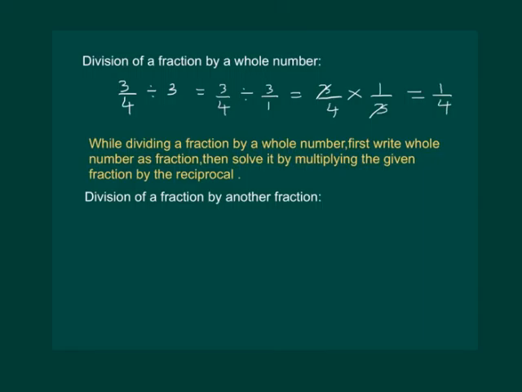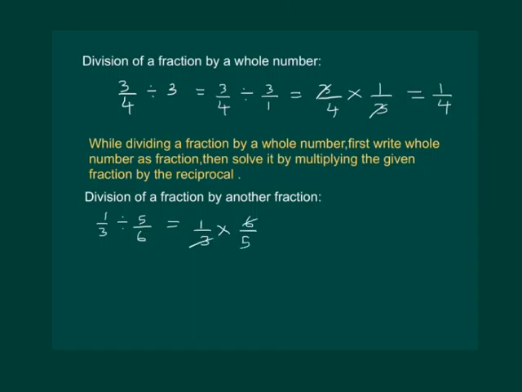Let us now consider division of a fraction by another fraction. Say we have to divide 1 by 3 by 5 by 6. To find the answer, we simply multiply 1 by 3 with the reciprocal of 5 by 6, that is 6 by 5.